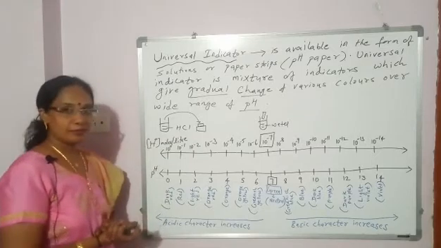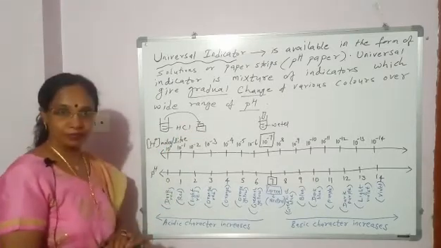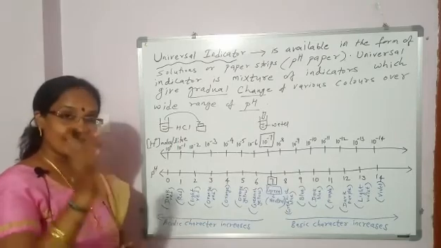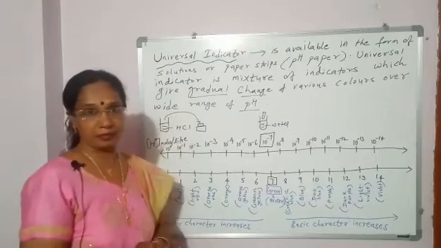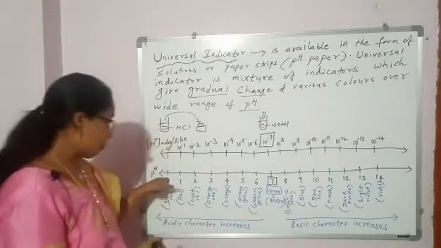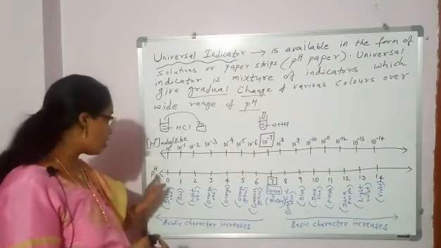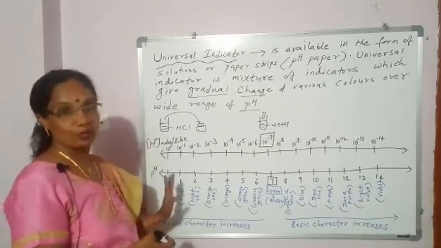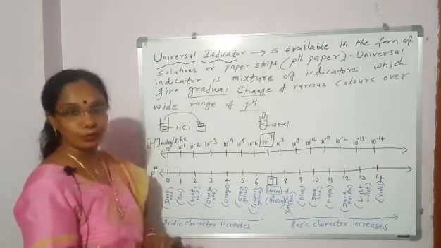Means by seeing the color change in pH paper, dark red, you can say the given solution is strongly acidic, because strongly acidic solution has pH 0, where hydrogen ion concentration is equal to 10 power 0.